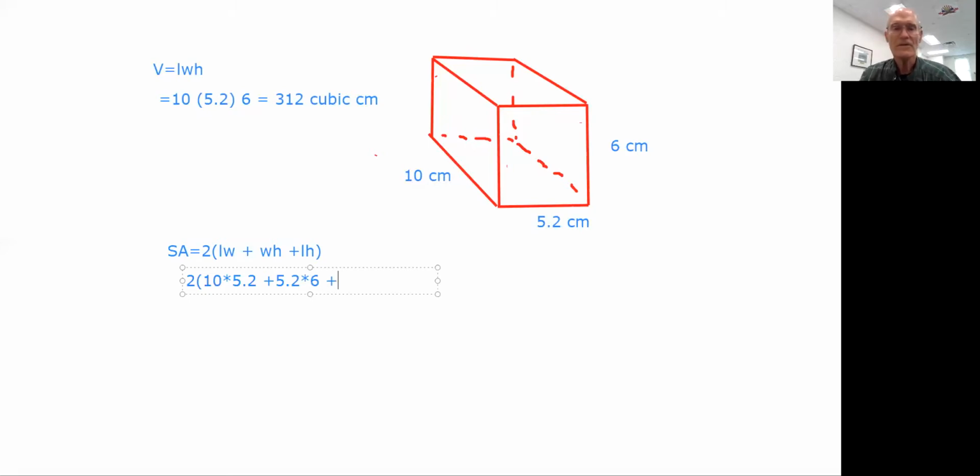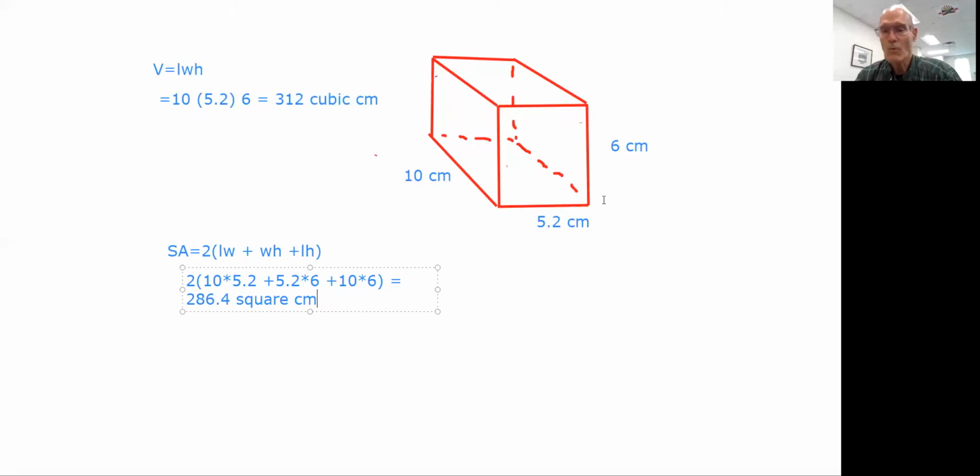And I put plus my length, which is 10, times my height, which is 6. And if I work that out in my calculator, I get an answer of 286.4. Now this is square centimeters, because when I'm talking surface area, I'm talking square units, okay?